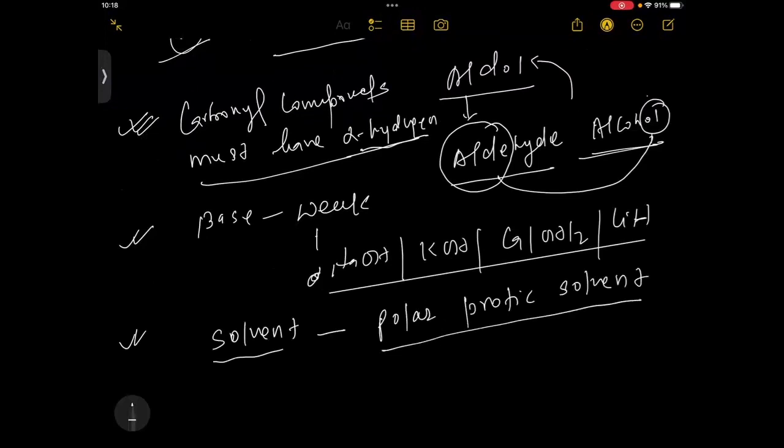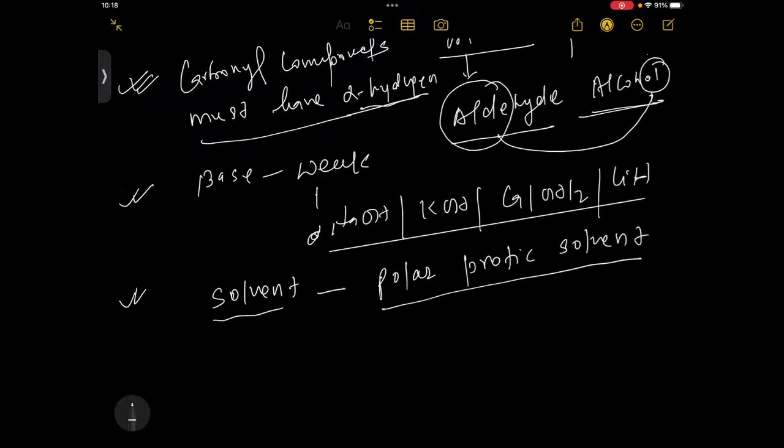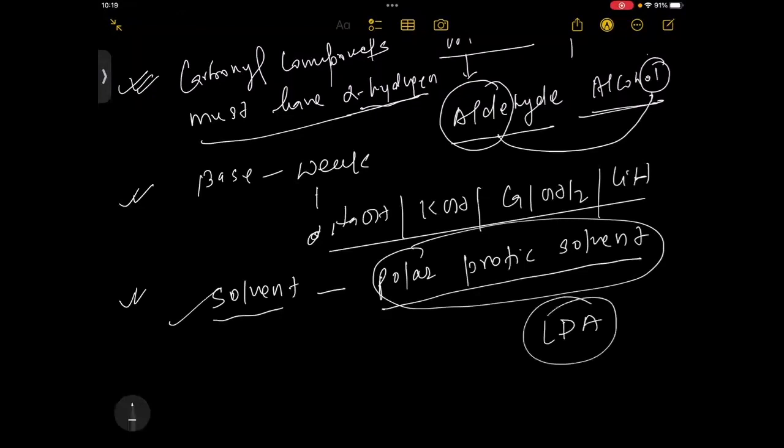Students, let me tell you one thing for your knowledge. Aldol condensations can happen with a strong base as well as a weak base. Whenever we take a weak base, we always use a polar protic solvent. When we use a strong base, we use a polar aprotic solvent. A strong base is LDA, right?